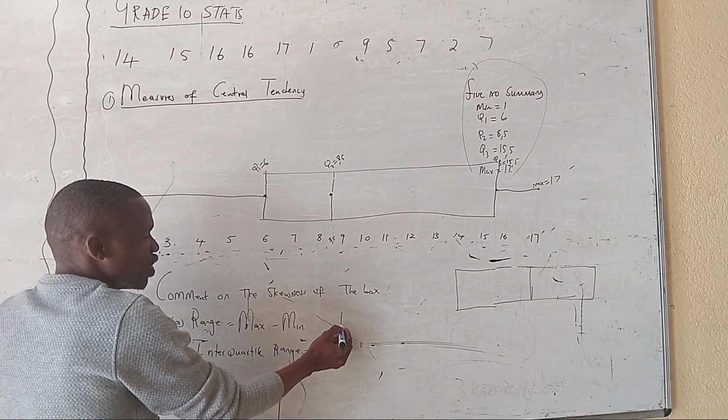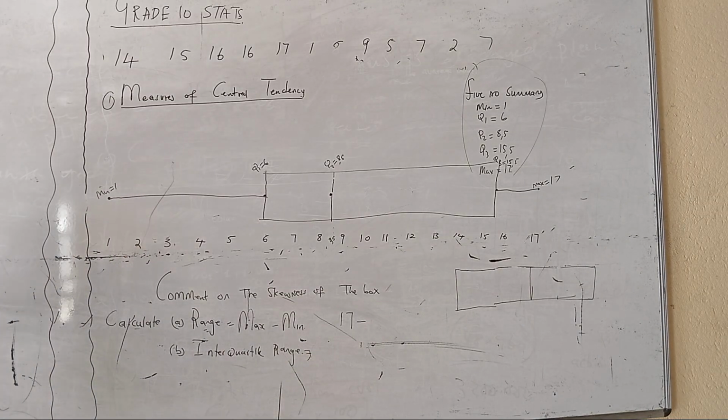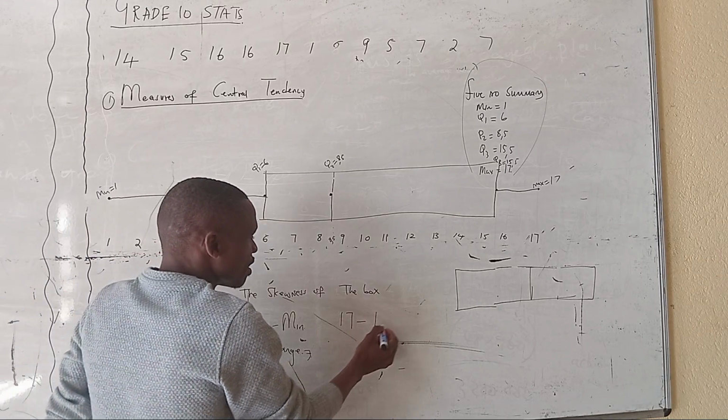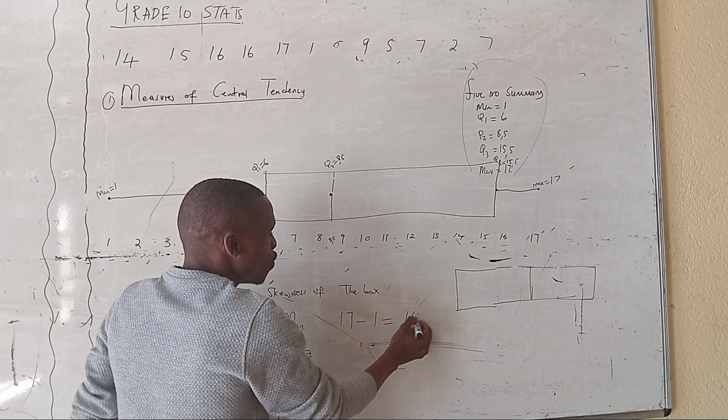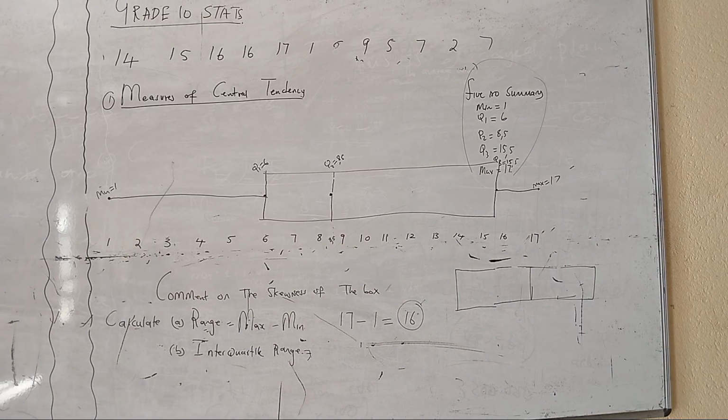So it's 17 minus our minimum value, which is 1. So the range is 17 minus 1, which is 16. Please remember, the range is maximum minus minimum.